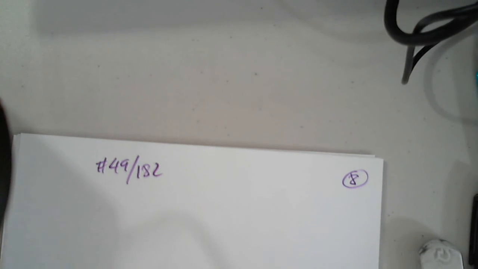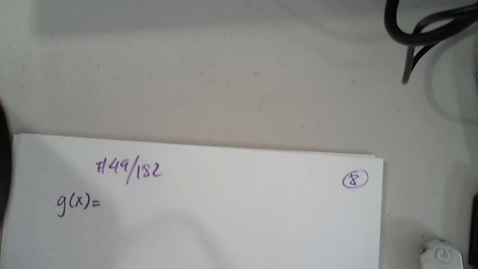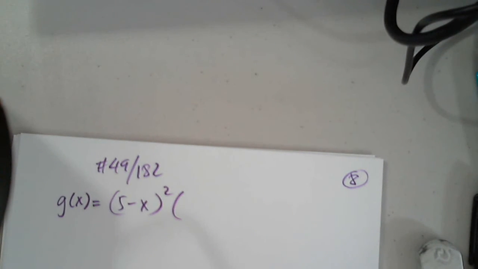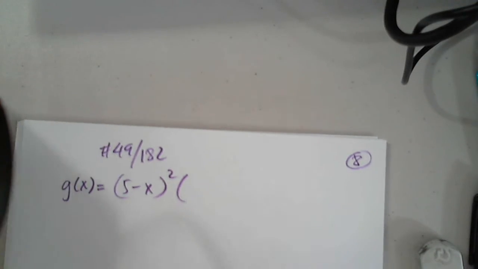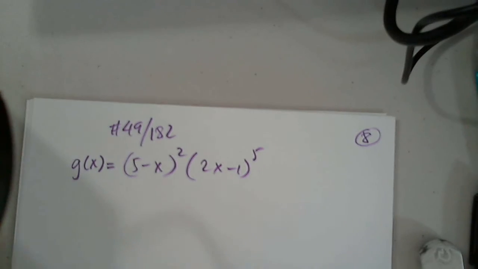49. So g of x equals 5 minus x squared and then 2x minus 1 to the fifth. Awesome. Perfect. So this is function 1, this is function 2.